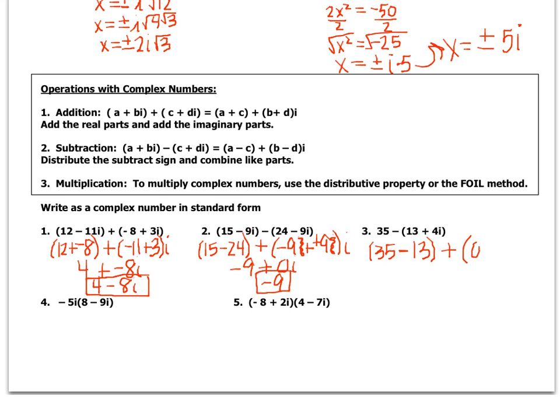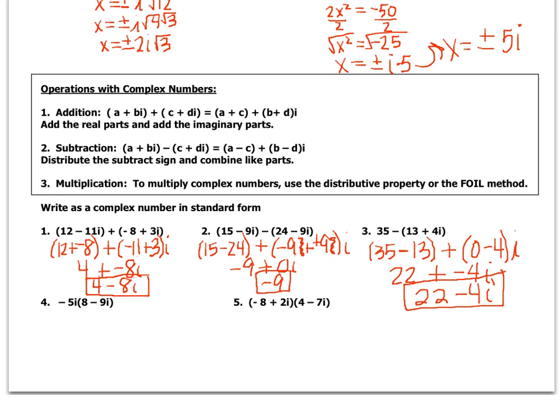So plus 0 minus 4, I have my i there. Because I don't have an imaginary part in the first one, I can do it this way. 35 minus 13 is 22, plus 0 minus 4 is negative 4, and then I've got my i right there. So it's 22 minus 4i. And there is my simplified form.